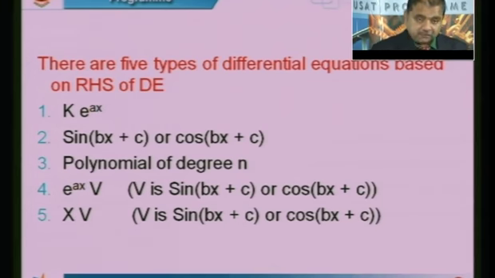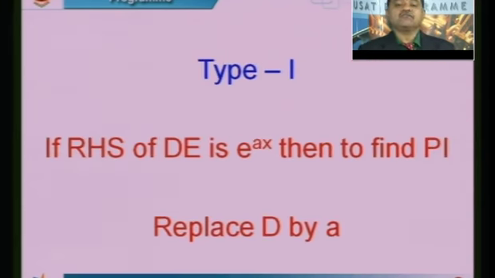See, once again I am reviewing how to find the particular integral. The complementary function is common for unequal roots, equal roots and complex roots; using the formula you will write the complementary function. But for the particular integral, once again I am reviewing.